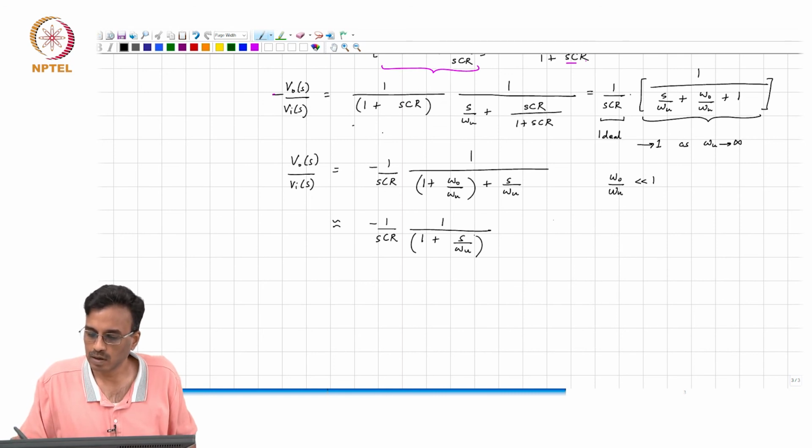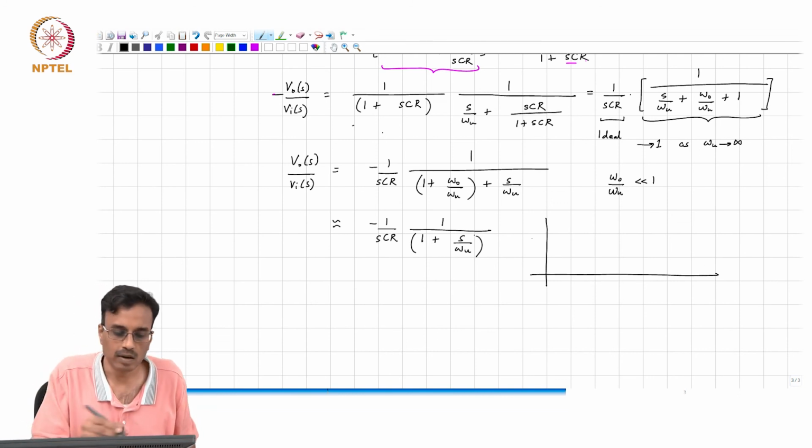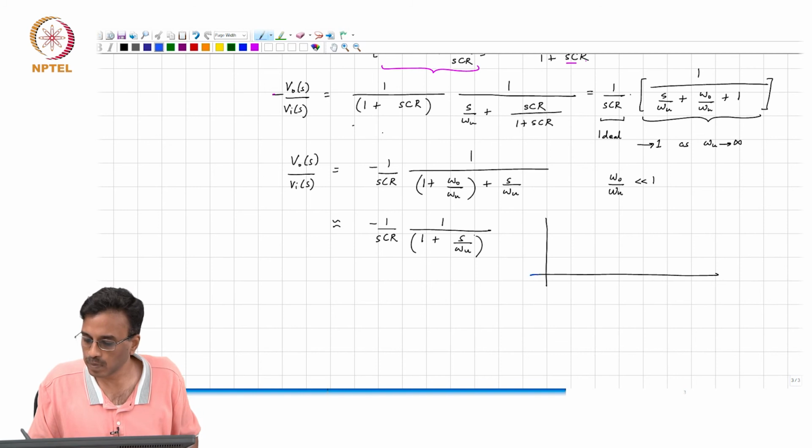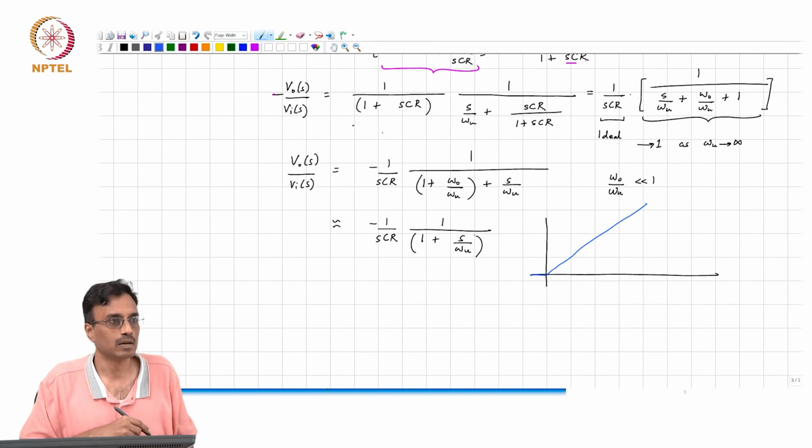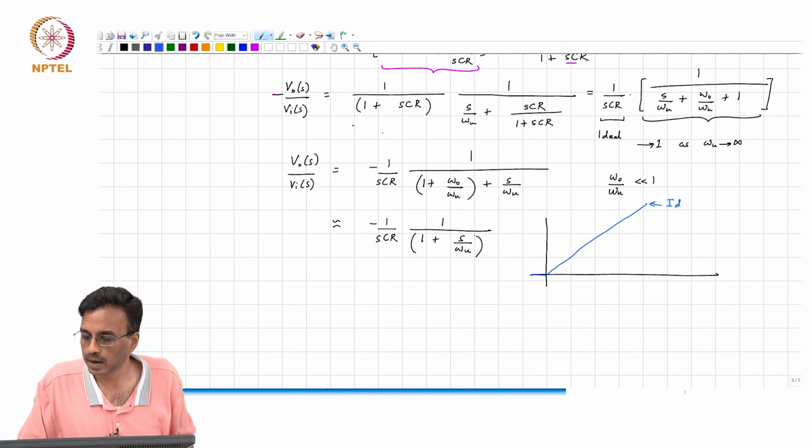I am going to draw the negative of the waveform to avoid the minus signs. So, the ideal integrator is you put a step and you get a ramp, and what is the slope of the ramp? 1 by RC, this is the ideal one, right.